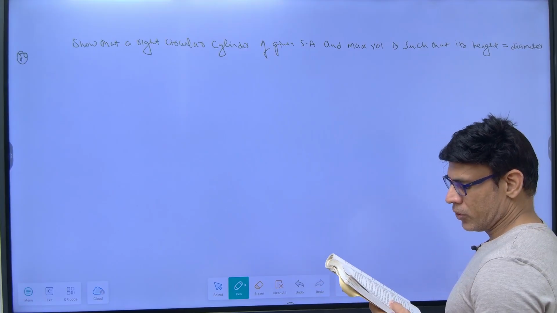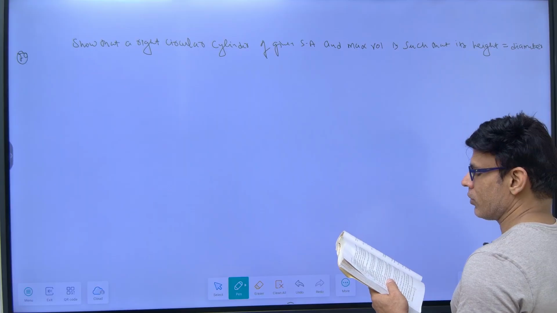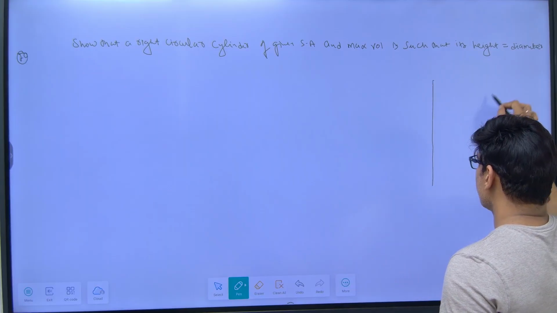That means show that a right circular cylinder of given surface area. पहले तो सिलेंडर बनाओ.